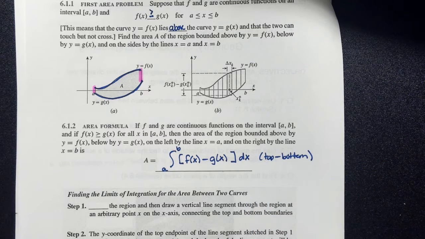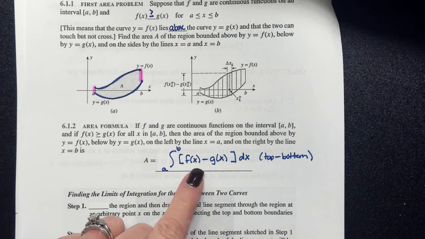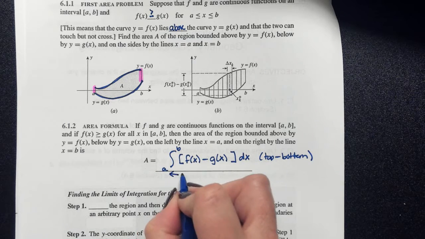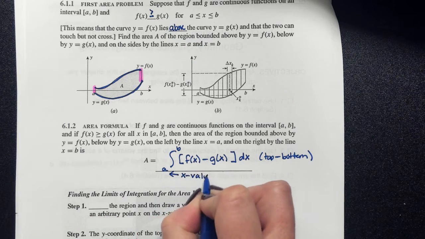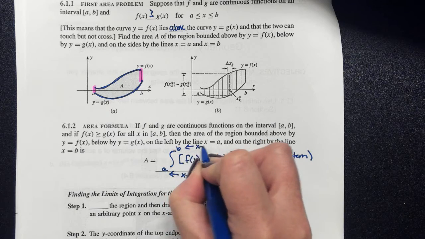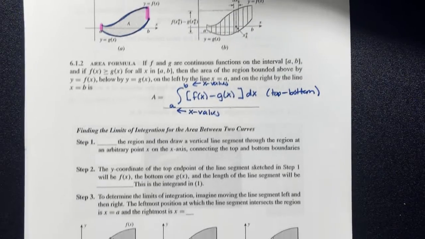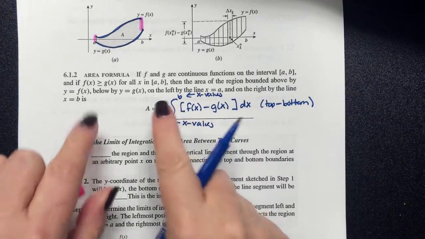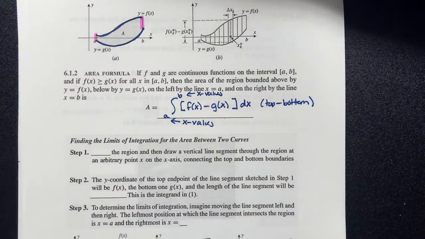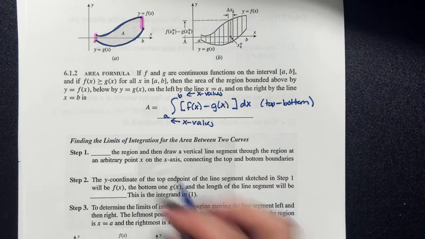On these bounds, when you're doing the antiderivative with respect to x, a and b are the x values. Sometimes you may have to find a and b on your own, so what you want to do is sketch the region.